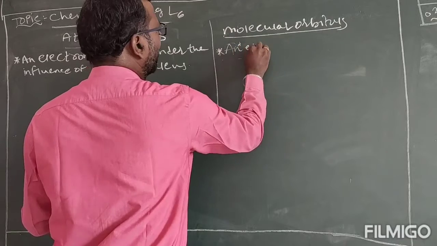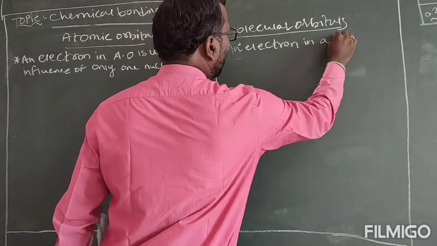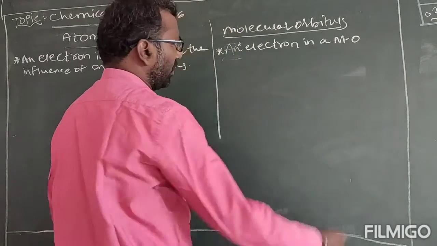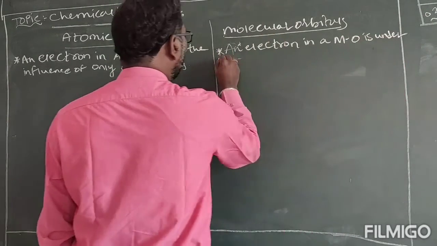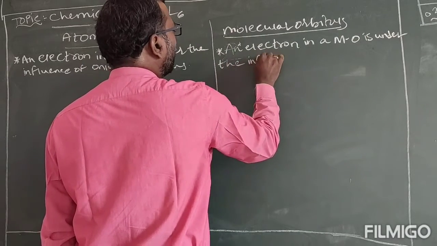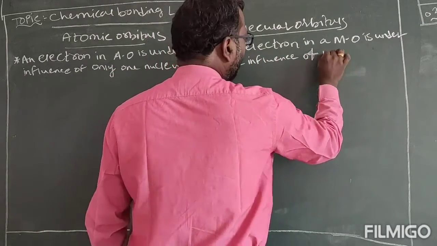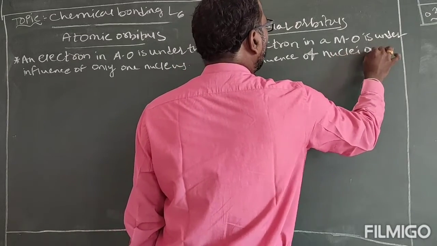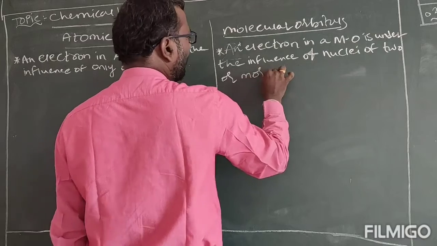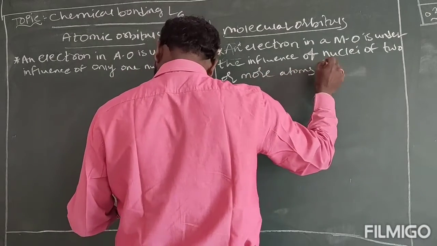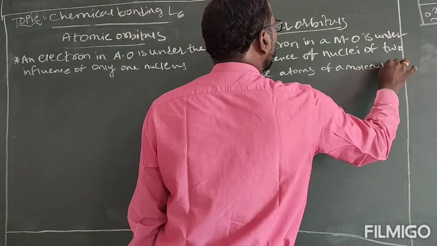So an electron in a molecular orbital is under the influence of nuclei of two or more atoms of a molecule. This is the major thing.